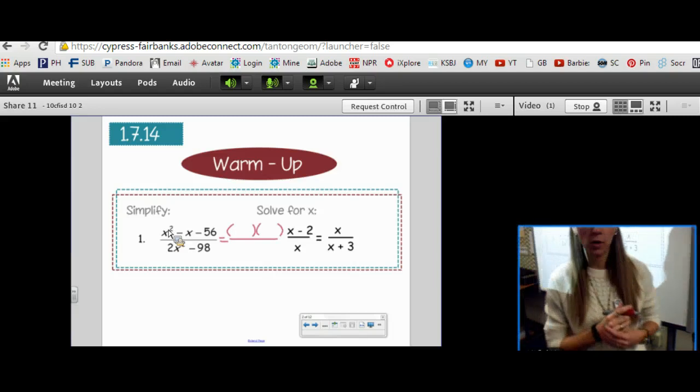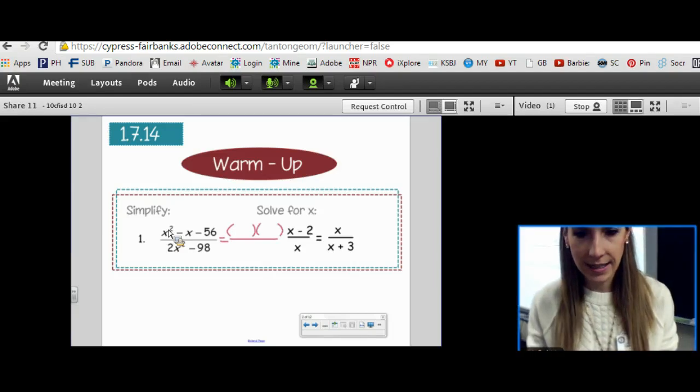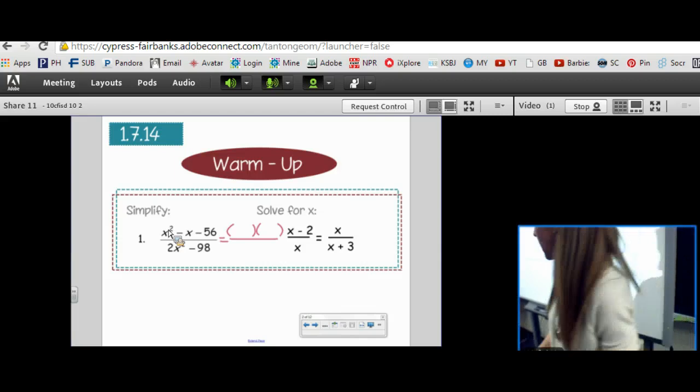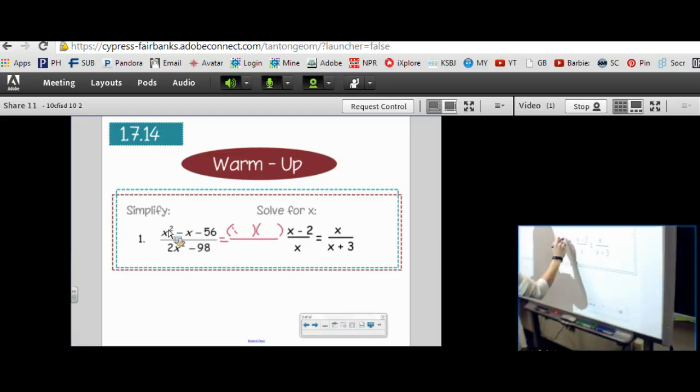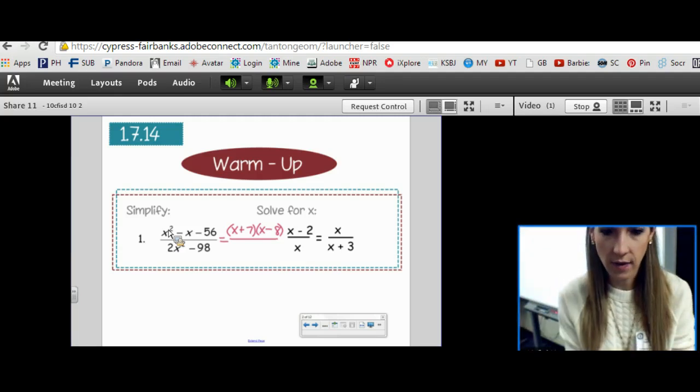We need things that multiply to get 56 and combine to get 1. Very good, 7 and 8. x, 7, 8. We want it to be a negative 56 and we want it to be a negative 1. So we want the larger number to be negative. That's how we're going to achieve our negative 1.